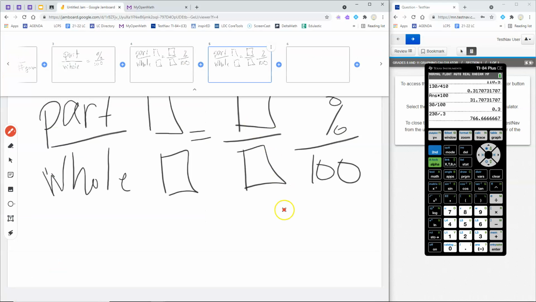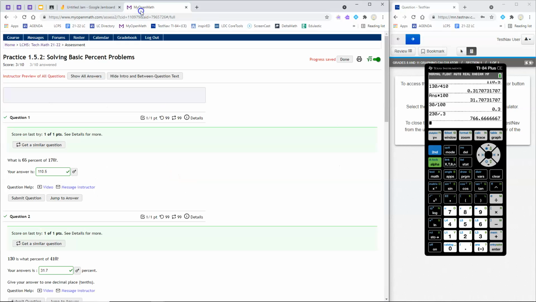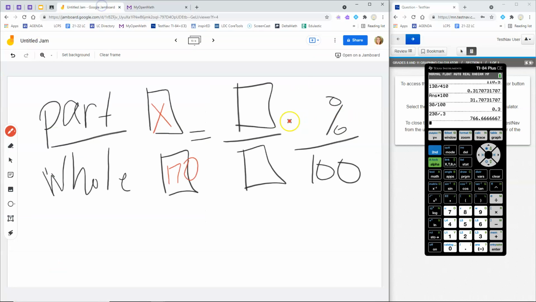So what we don't know is the part. That is what we don't know. So that's going to be our x. We know that the whole number is 170 because we're asking what percentage of 170. So in this case, we're trying to find 65% of 170.